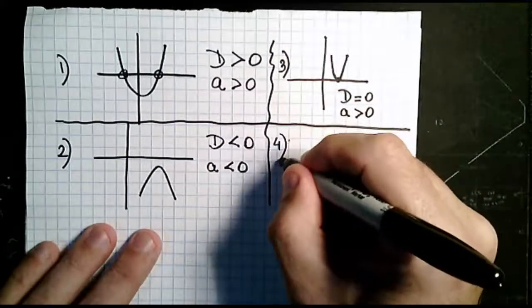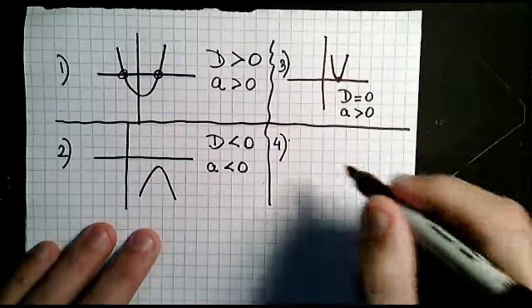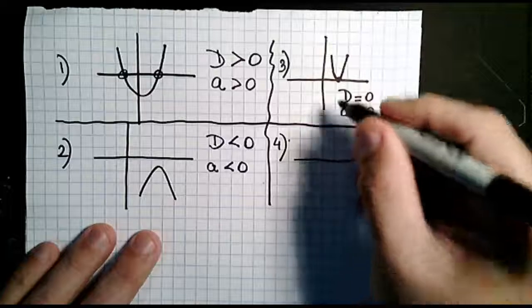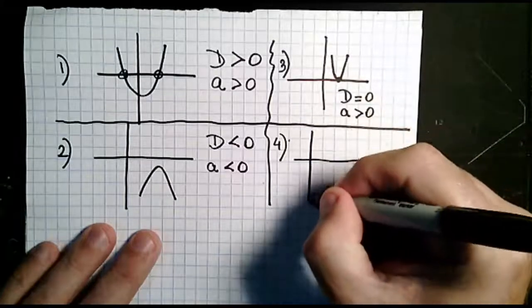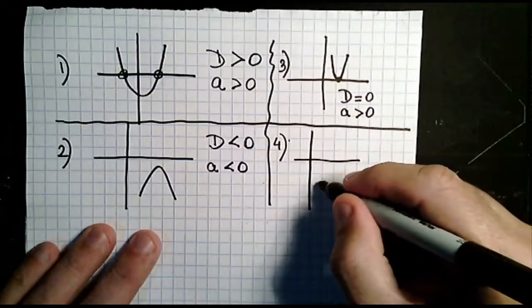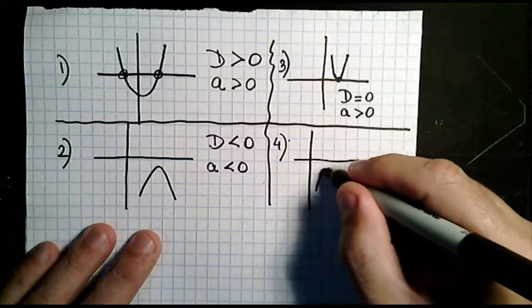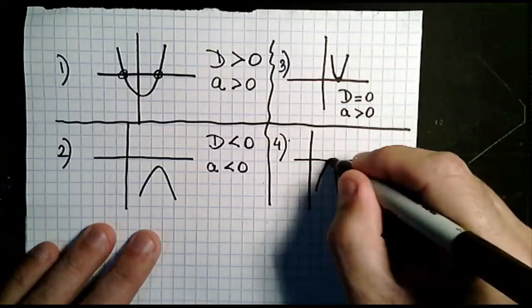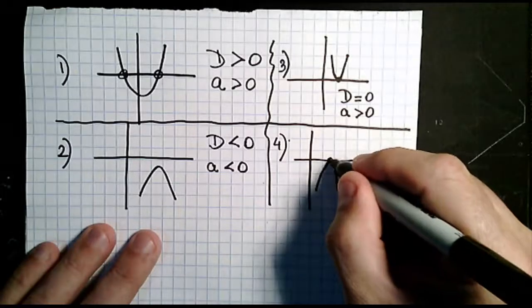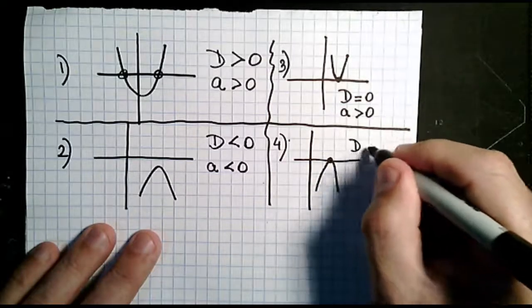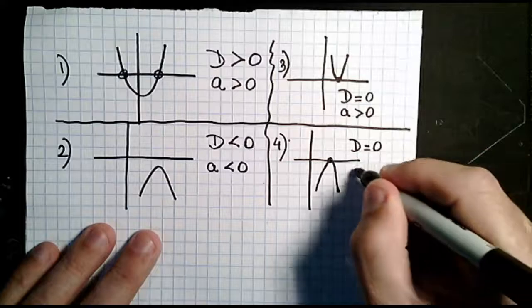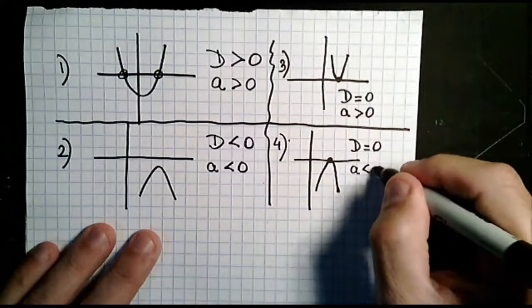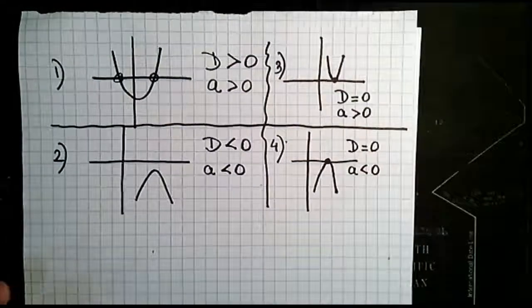Situation number 4. In situation number 4, I have the opposite situation from number 3. So my parabola is going to touch and go down. So I have 1 point of touching over there. The discriminant is equal to 0, and A, because this is a sad face, has to be less than 0.